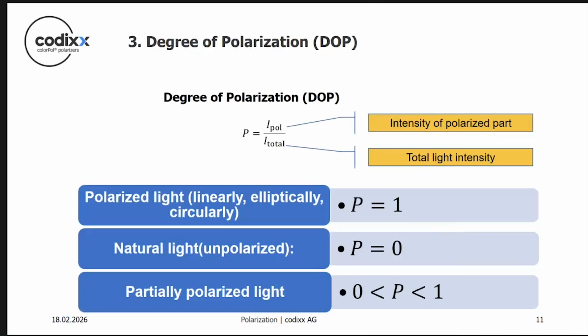For purely natural light, P would be 0, as there is no certain polarized part in the light. And then we have partially polarized light, where P is somewhere between 0 and 1.